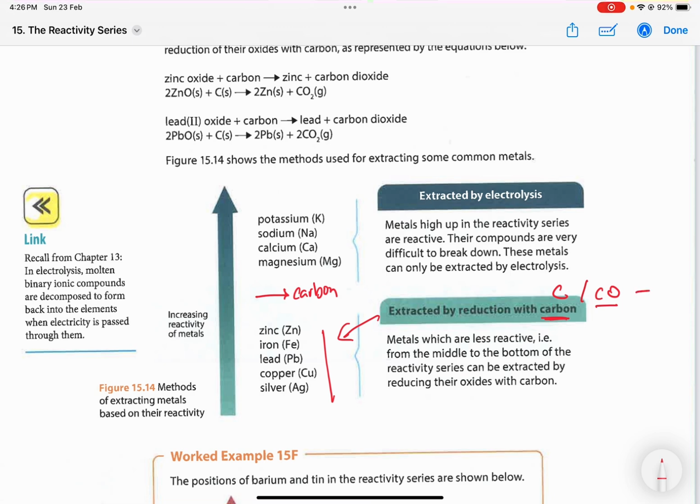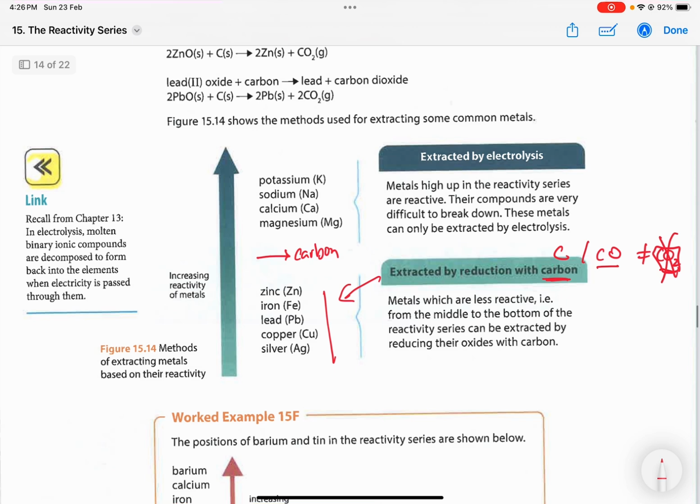Now take note, it cannot be carbon dioxide. You cannot use carbon dioxide to extract the metal from the ore. Only carbon or carbon monoxide. Cannot be carbon dioxide. Okay, so electrolysis is for these four. Anything that's below carbon, which is all the rest over here, we will extract by reduction with carbon.